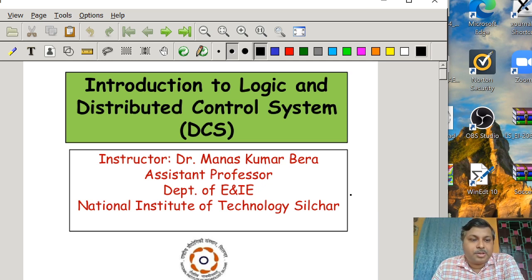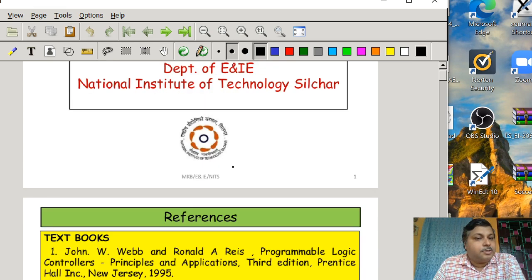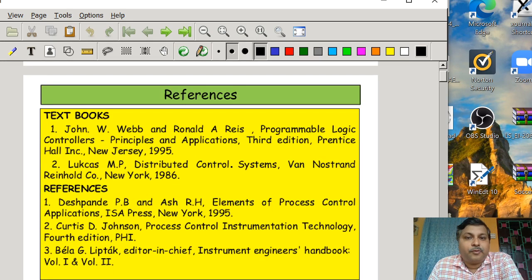Today we are going to start with the subject as an introduction, and these are the references we are going to follow for the entire course. That is Webb and Reis, Programmable Logic Controllers. This is a very good book to understand programmable logic controllers, and we are going to follow this book in detail.